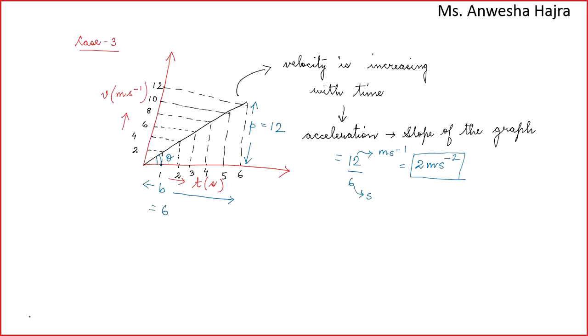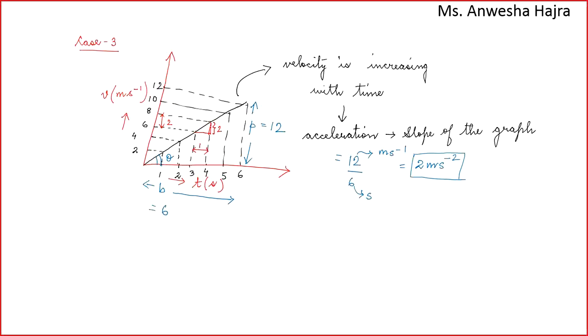Now we can take even a smaller triangle. The answer will be the same. Say for example, if I take a small triangle and find the slope, this is 8 minus 6, this is 2, and this is 4 minus 3, 1.